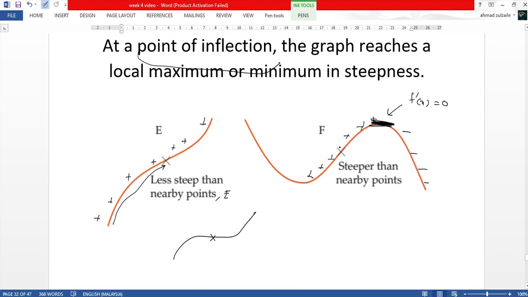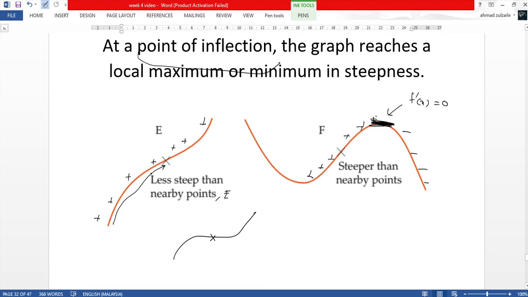So kalau dia keep on increasing the gradient, dia tak ada transition, dia akan terus climbing up. So therefore it's important untuk tukarkan kelajuan lah. So actually point of inflection ni analogy like a switch yang tukar the steepness of the gradient.